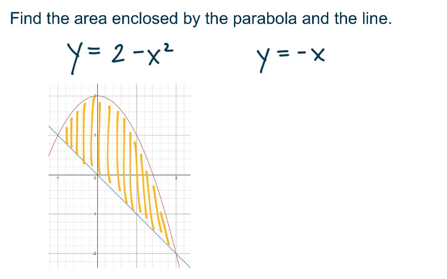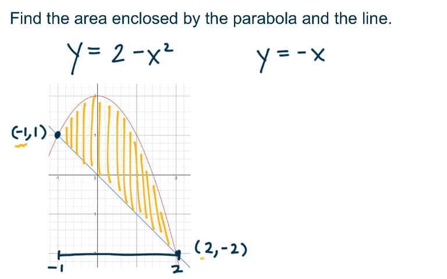So what we need to do is determine my points of intersection. I know my horizontal region, I know my interval. In this case, my interval is going to go from -1 to 2 because my first point of intersection is (-1, 1) and my second point of intersection is (2, -2).